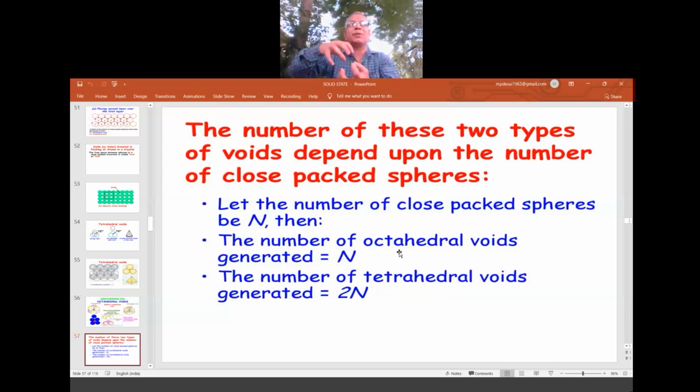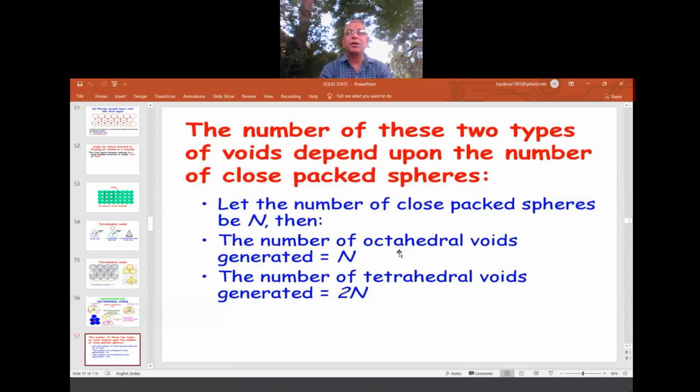For understanding purposes, if I take 100 spheres for a particular packing in 3D, then 100 octahedral voids are created, whereas tetrahedral voids are twice, that means 200.